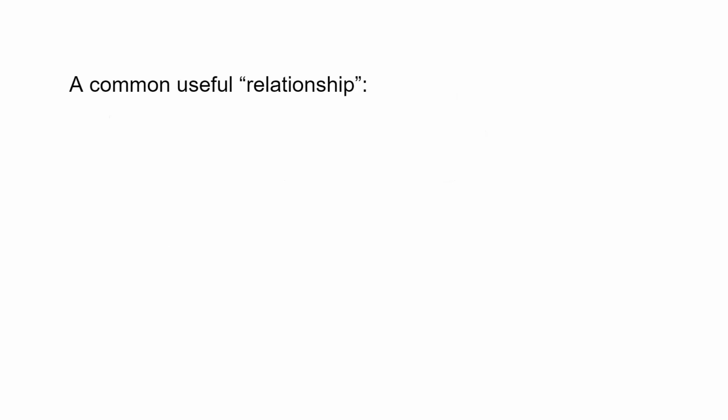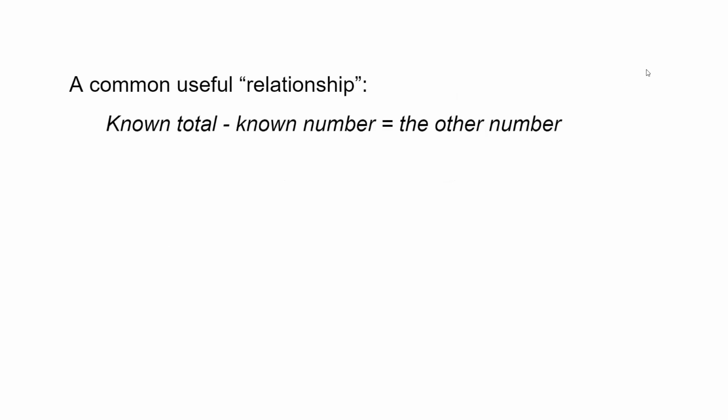I want to talk about a very common useful relationship that you can take advantage of in problems like this. We have a known total and we subtract a known number, and that will give us the other number.